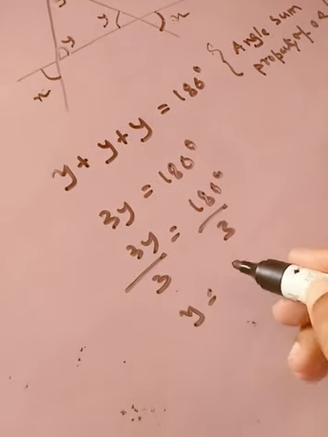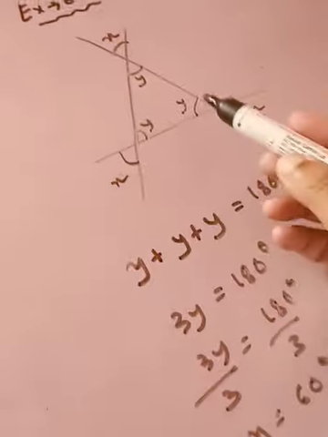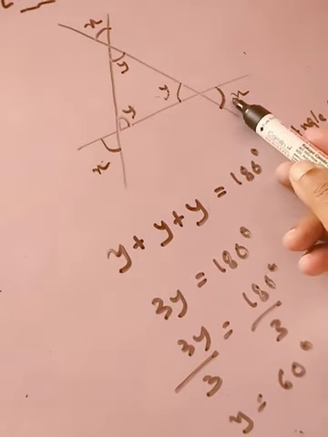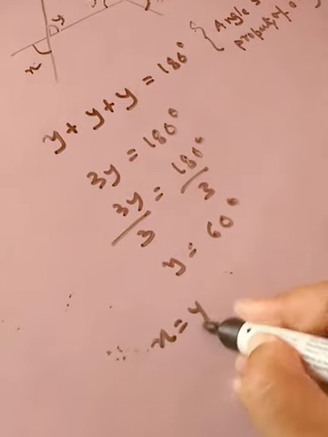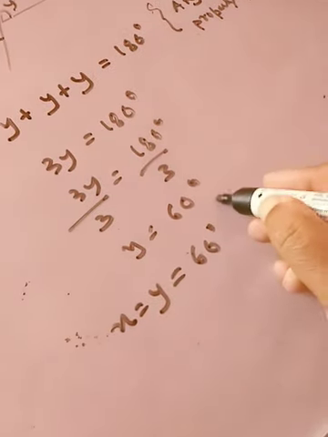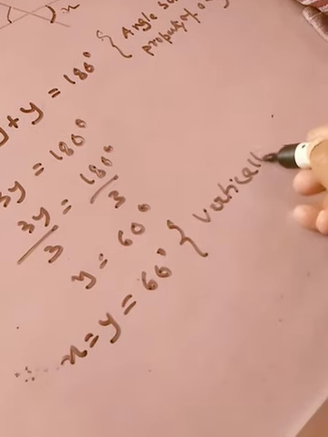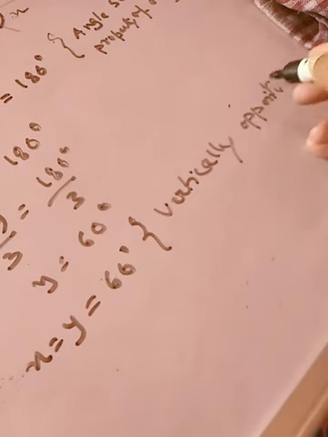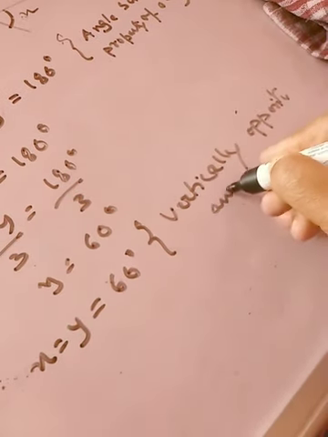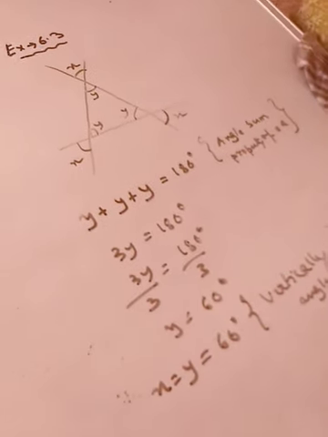So y is equals to 60 degree. Okay. Now since y is 60 degree, then x will be also 60 degree because they are vertically opposite to each other, isn't it? So you will write x is equals to y is equals to 60 degree. Why? Because they are vertically opposite. Fine. So this is how you have to do sum number 6.